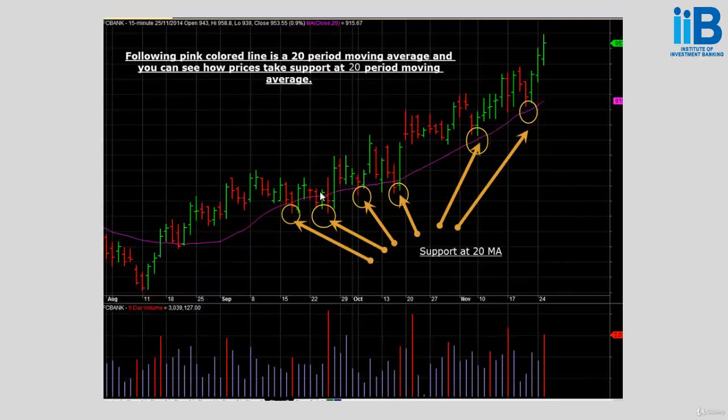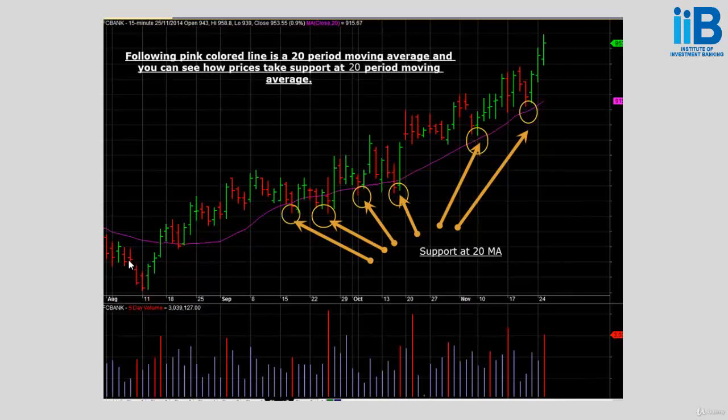No matter what the name, the interpretation is almost similar. Compare this pink colored line with the bars or price chart. You can see that in a lot of places prices have found support around these pink colored lines.